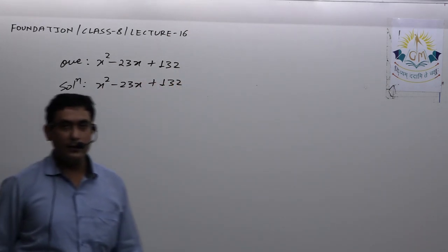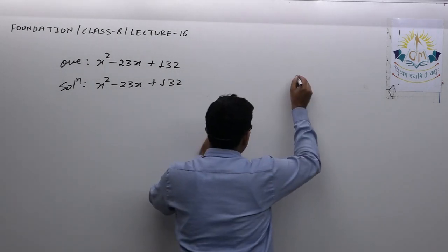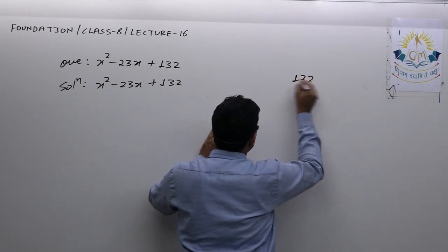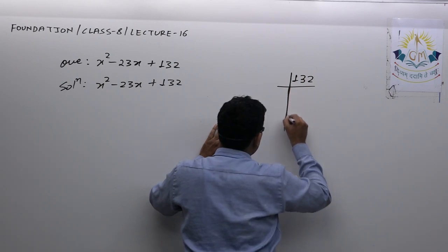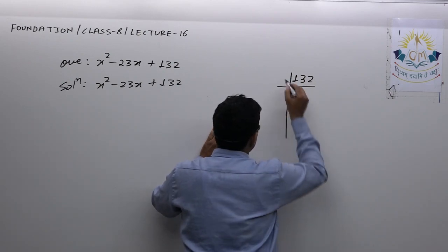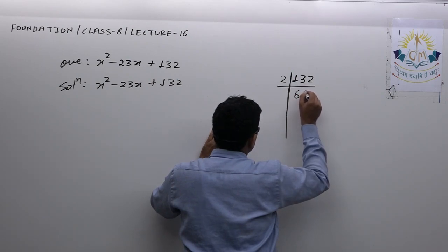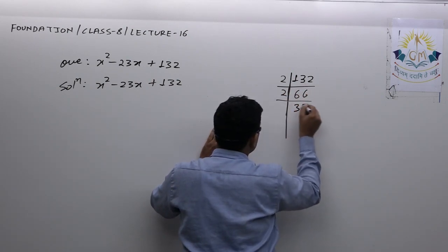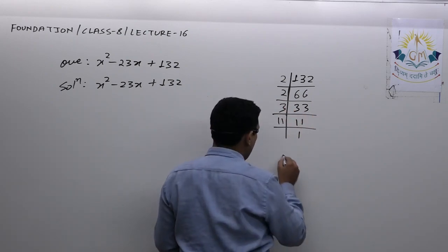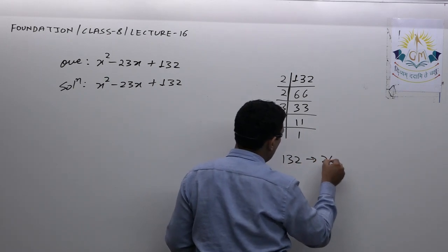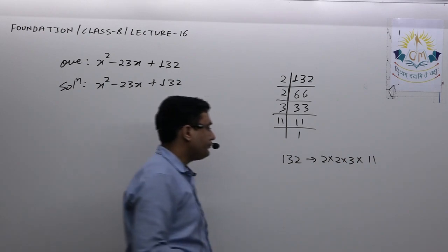Now, next we have to find the factors of 132. Here it is a little bit, I won't say difficult, but it is not possible to write the factors directly, so we have to follow this method. The factors of 132 are 2 multiplied by 2 multiplied by 3 multiplied by 11.